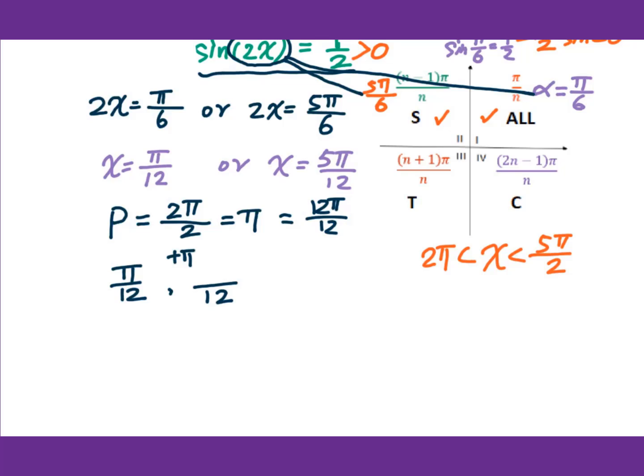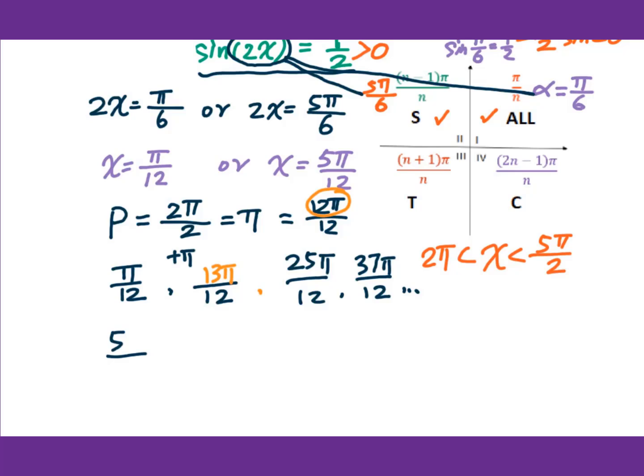So keep adding 12 pi. You will get 13 pi over 12 and 25 pi over 12 and 37 pi over 12 and so on.